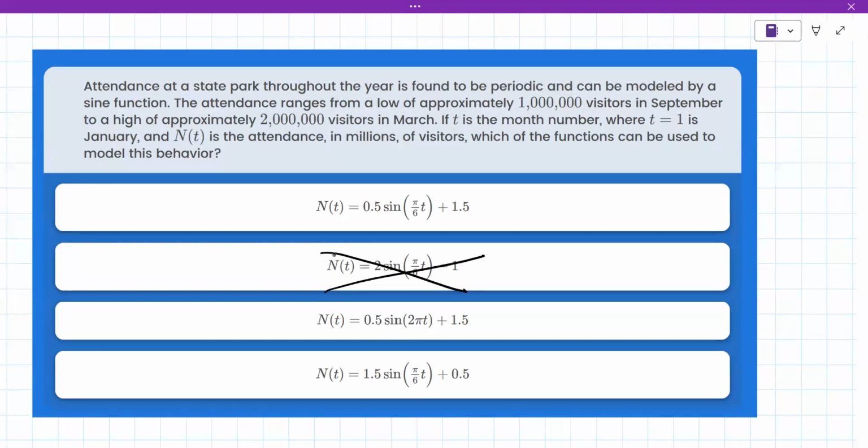Can we also cross out the last one? Yeah, I would agree. It's either A or C, the first or the third. I just gotta make my decision because when I look at the two, it has a different amount with pi. One is pi over 6, another one is just 2 multiplied by pi.